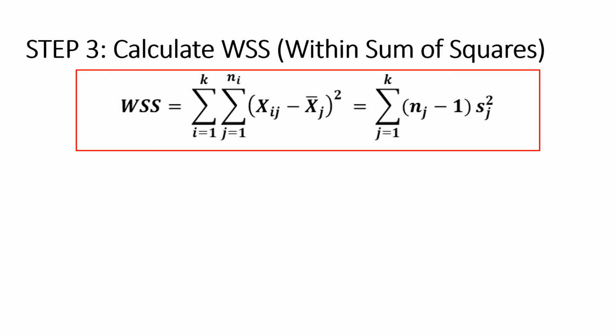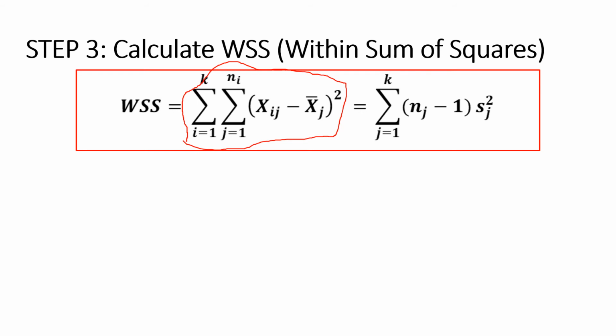The first thing you'll notice is that the within sums of squares formula has two ways to do it. In that way, it's a bit like the total sum of squares, which had two alternate ways to come up with the same number. For the first part, what this is telling us is that for each group, we take the observation and subtract it from that group mean.